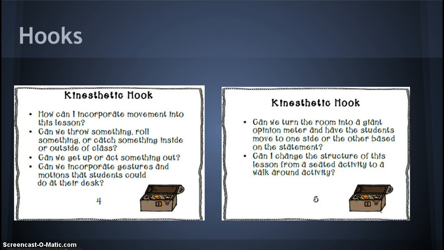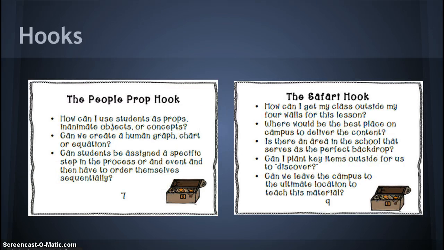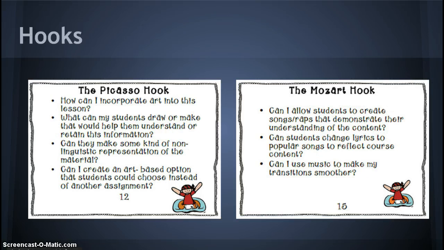The first hook that Mr. Burgess talks about is the kinesthetic hook. He also talks about using students as props, or taking students outside the classroom as a hook. There's the Picasso hook or the Mozart hook, integrating the arts.